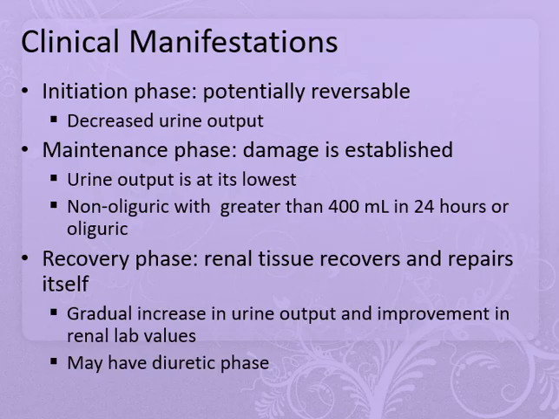What happens in this initiation phase is they're unable to compensate for the diminished renal function, and they will exhibit some signs of acute kidney injury. They're going to have decreased urine output. The good news is it's potentially reversible at this stage. They may also be asymptomatic.